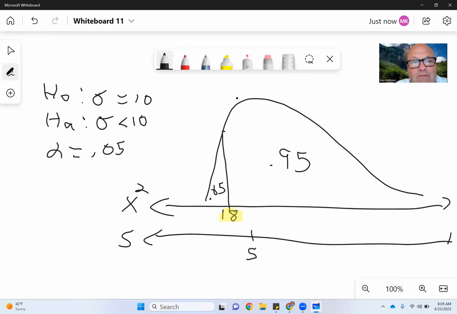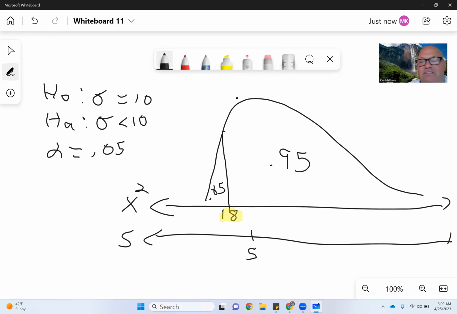Now, as soon as we have our critical value, we know the parameters of our test. Now we also have our sample.